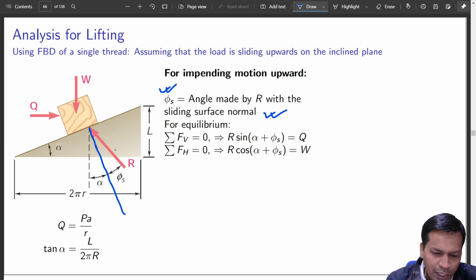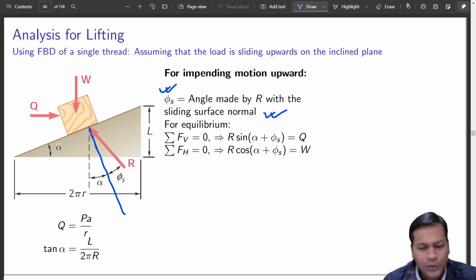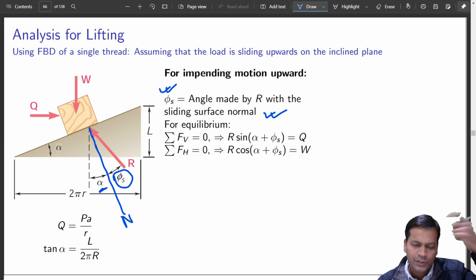So definitely you will have a friction force which is like this, which is trying to oppose that motion, is it not? So that is why this is the angle of friction, static friction, it is about to slip. Okay. So this is the maximum sliding friction. Okay. So that is why it is psi s over here. So it comes on top of alpha. This is your normal direction, the surface normal.